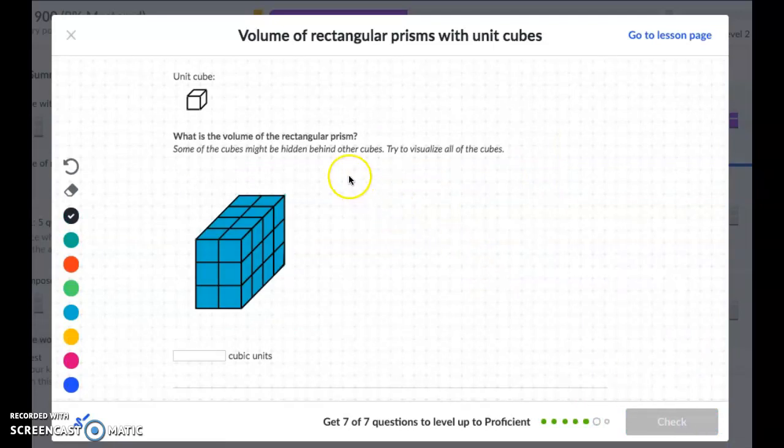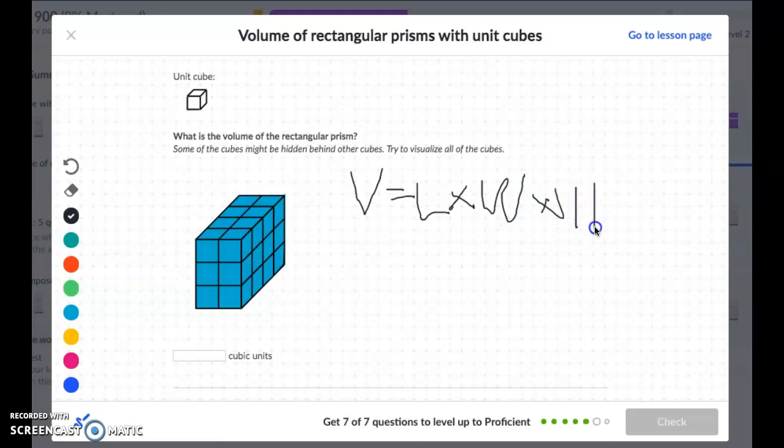What is the volume of the rectangular prism? So again, I'm just going to start with volume equals length times the width times the height. Okay, so our length is 1, 2, times the width.